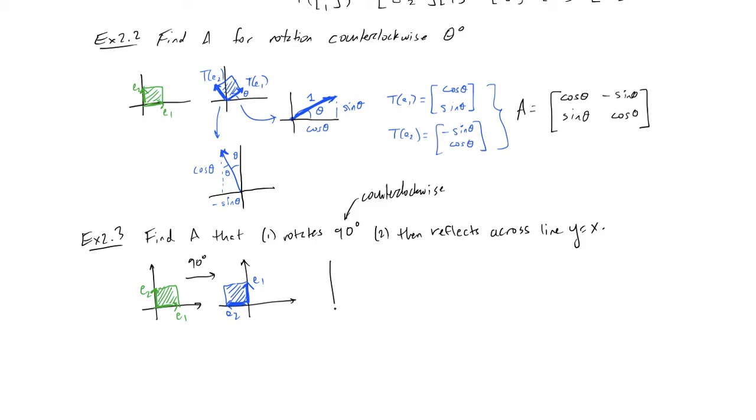And then if we reflect across the line y equals x, I'll use purple for this, then the E1 mirrors across this and goes over to here, and my E2, I'll erase this here, make this blue here.